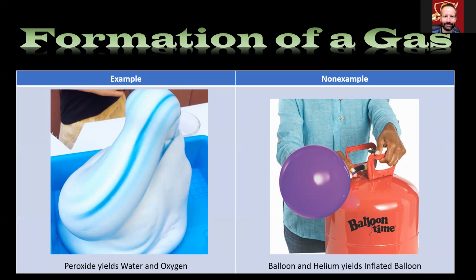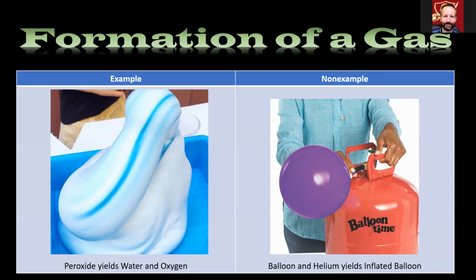How does this work? Well, if you don't know, I'm going to tell you. It's hydrogen peroxide yielding water and oxygen. How many things do we start with? Just one. How many things do we end with? Two.